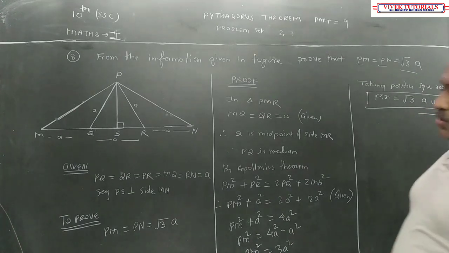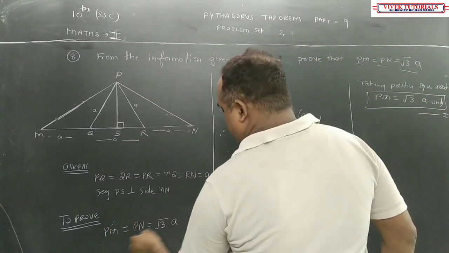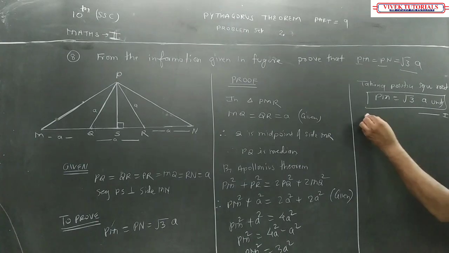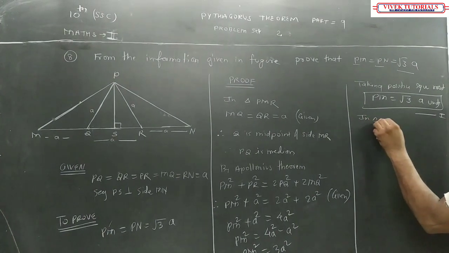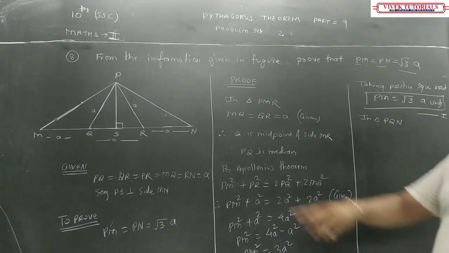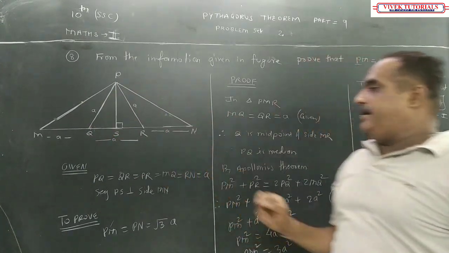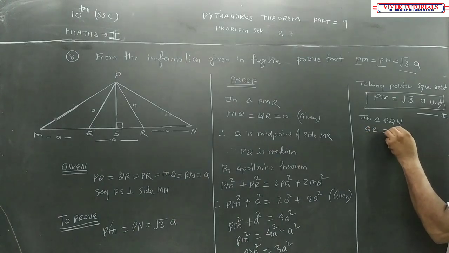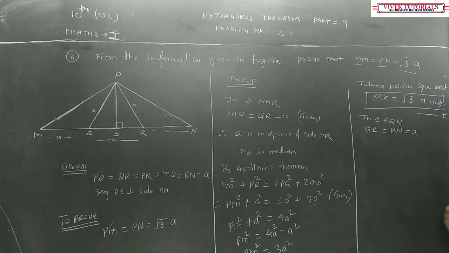Now, you got the value of PM is equal to what? Root 3 a. Similarly, now in triangle PQN, where is PQN? PQN, so QR is equal to RN is equal to a. This is again given.